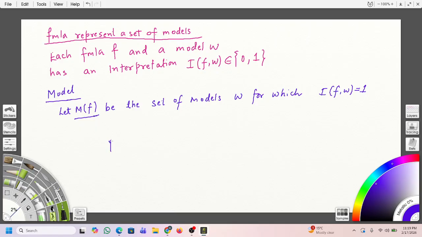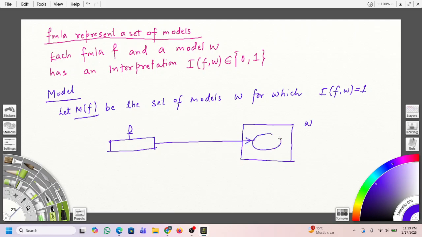So this formula is from the syntax land, let us say, and the corresponding model is in the world W. This formula has a corresponding model here, and this particular subset of W is where I(F, W) is always equal to 1.